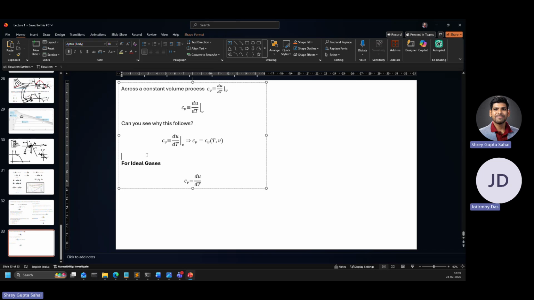This means that CV is basically a function of temperature and the specific volume that we can see. But the question is, how did I imply that? This is a gradient at constant specific volume, right, of internal energy. How does it become a function of temperature and specific volume?